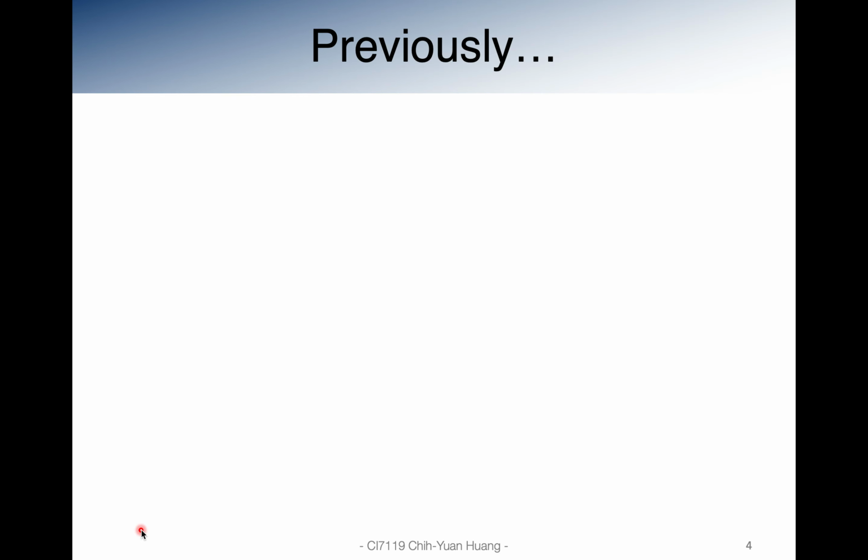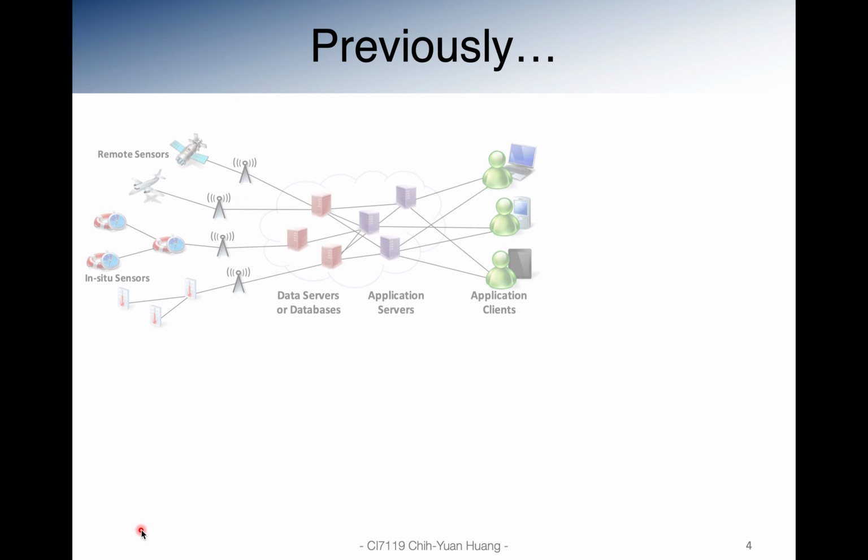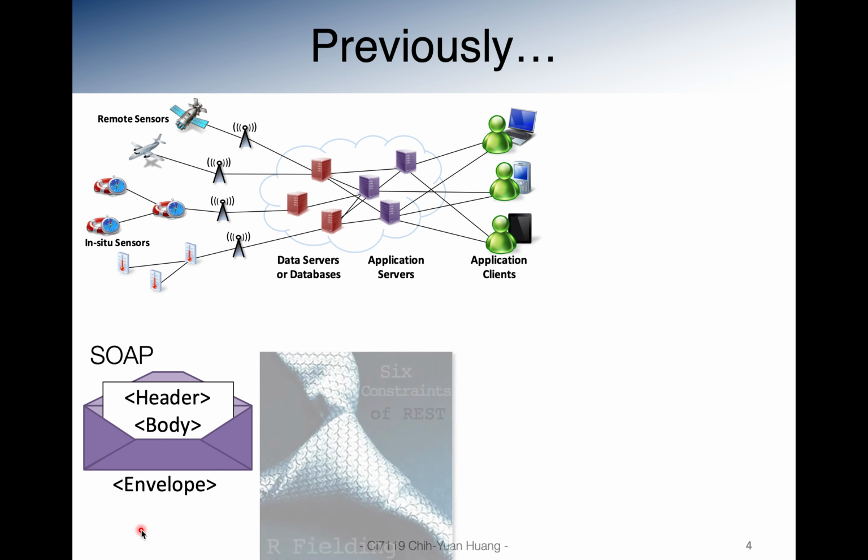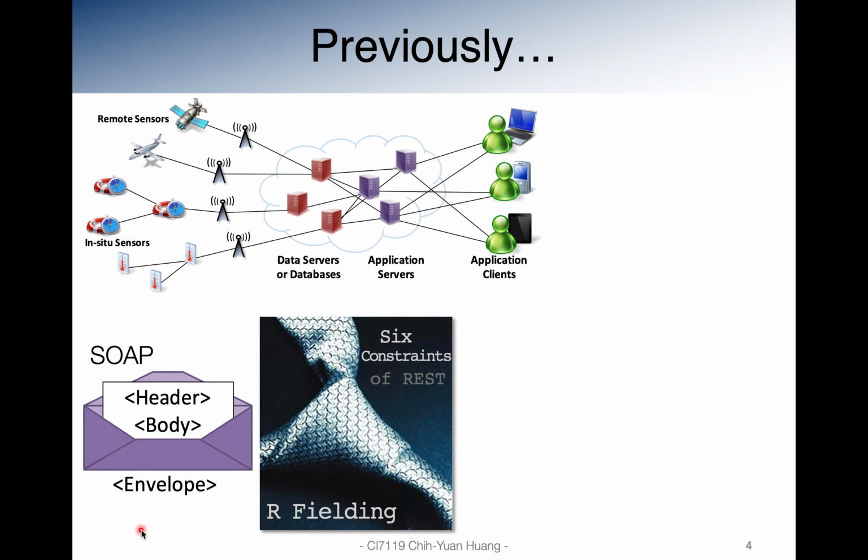So previously, in the previous unit, we talked about the architecture of WebGIS, or you can say the architecture for an information system, and we also talked about the styles for web services, such as the traditional SOAP standard, which uses the envelope and also header and body to enclose the actual message to be transmitted between the client and the service.